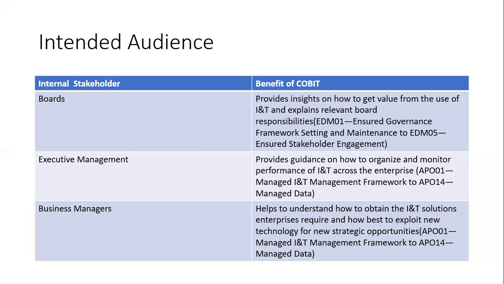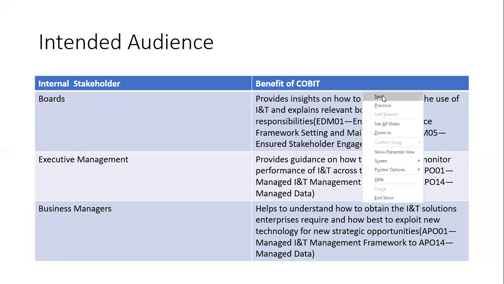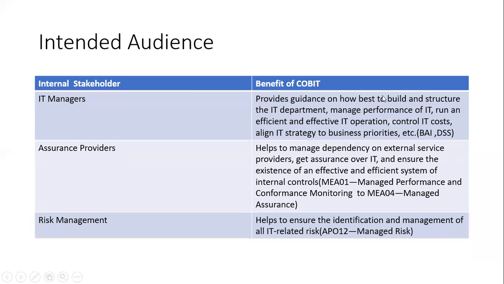Apart from these 3, the board, the executive management, and the business managers, we also have IT managers as internal stakeholders. Like I said, a lot of times the implementers will be coming from IT.